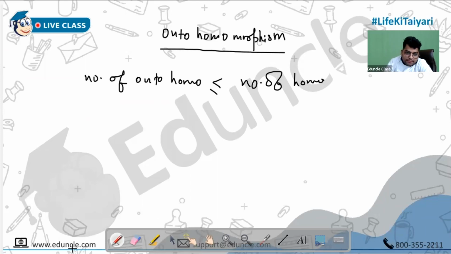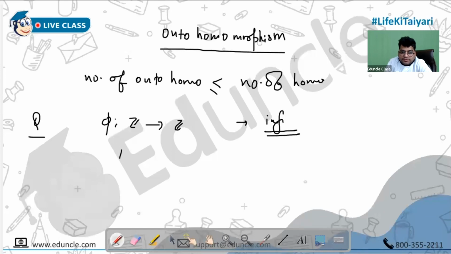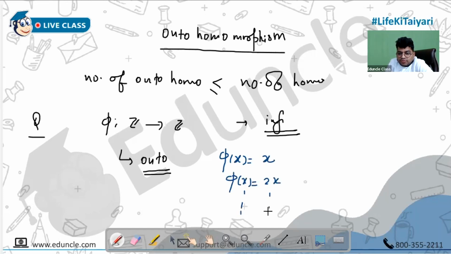Okay. Now suppose question number 1 is how many homomorphisms we have discussed from Z to Z. So you have a set that is infinite. But if somebody is asking how many onto homomorphisms? Onto means the range of the homomorphism must be the codomain, that is Z. So only these homomorphisms: phi x equal to x, and phi x equal to minus x.